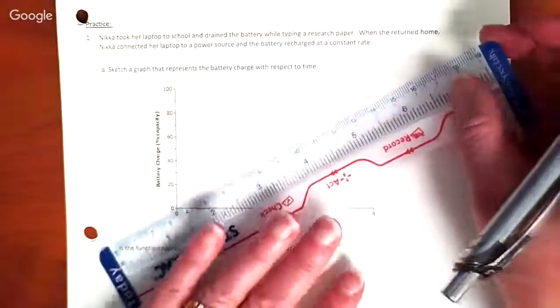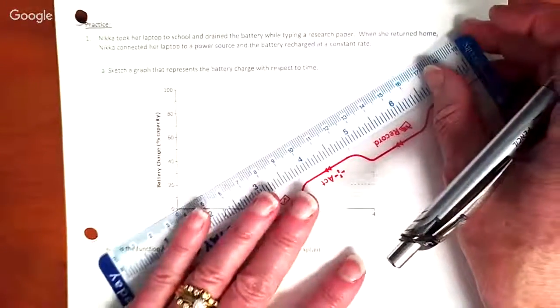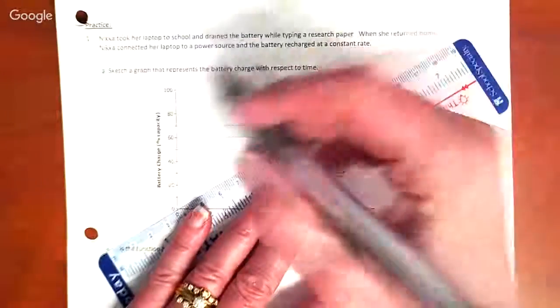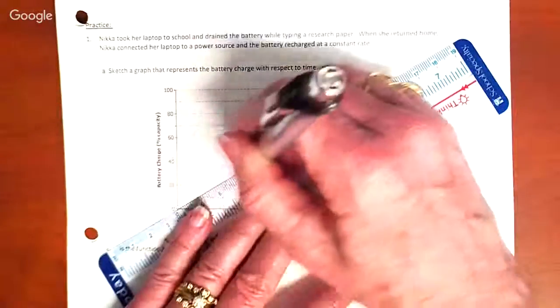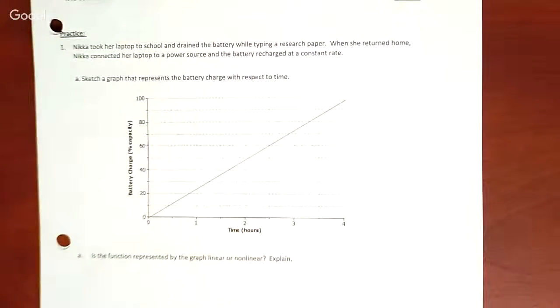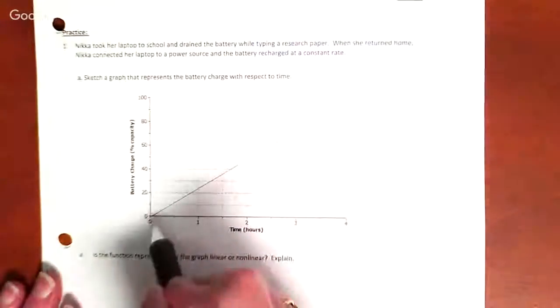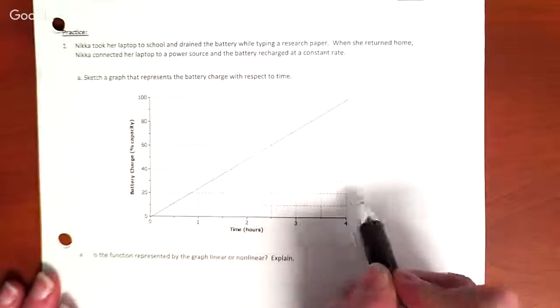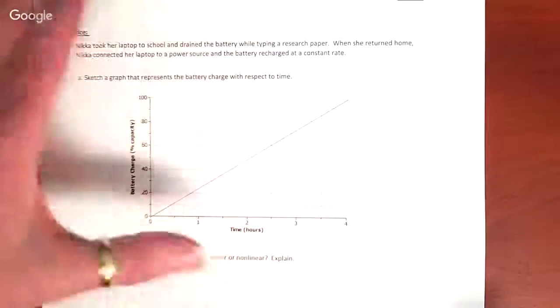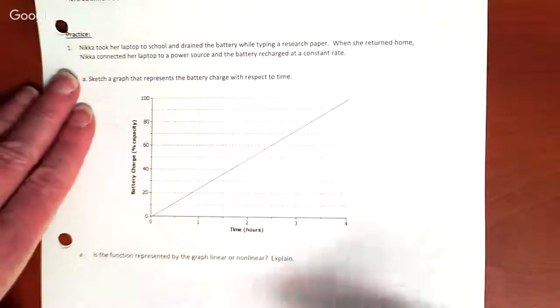Well, if you notice, a battery normally will charge at a constant rate, so I am going to simply do this. It's not very fast where it will go up here. It's not very slow that it will go down here, but it normally will go at a normal constant rate, which is why I drew that line.